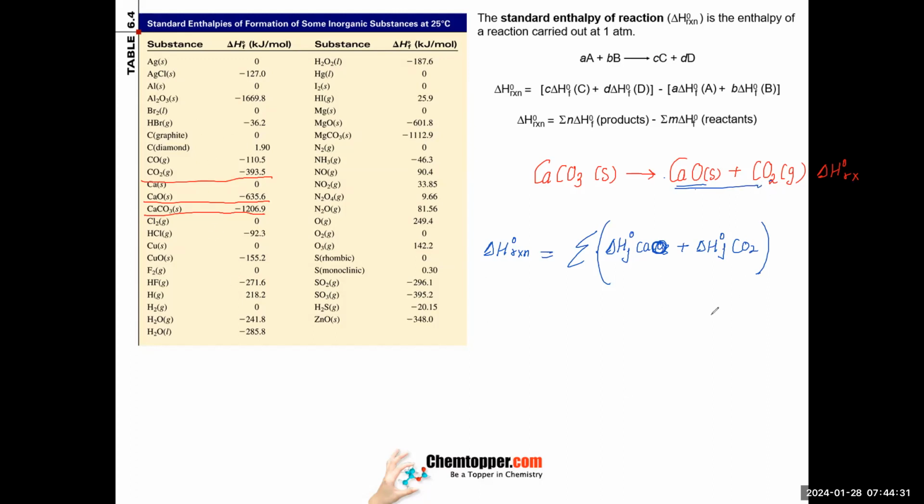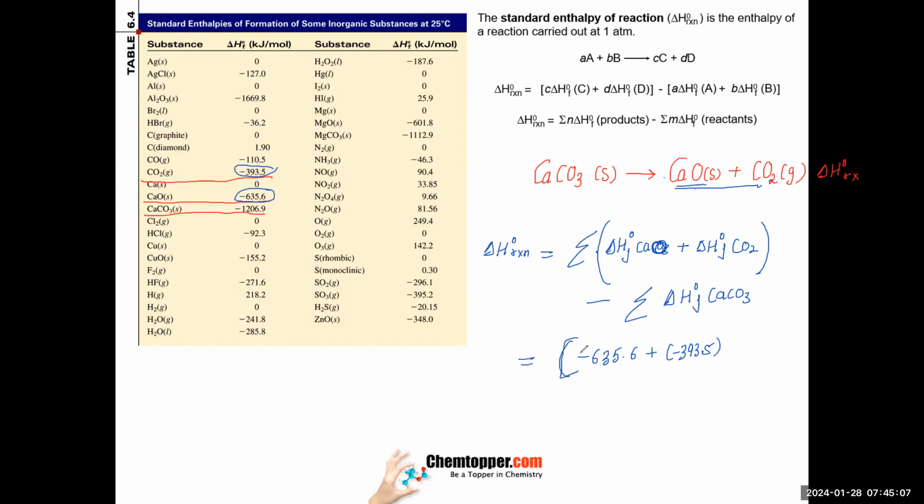Values are here, they will be given. Minus delta H naught formation of CaCO3. Plug in the values from the table. So calcium oxide is this, minus 635.6, and CO2 is this, plus minus 393.5.